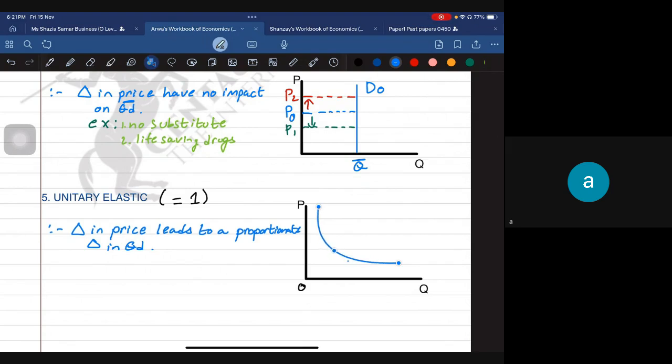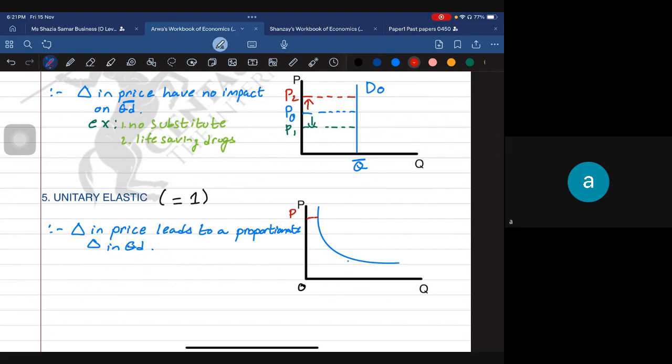Usually, when making this, you can make a mistake here. So I'm going to give you another way to do this as well.